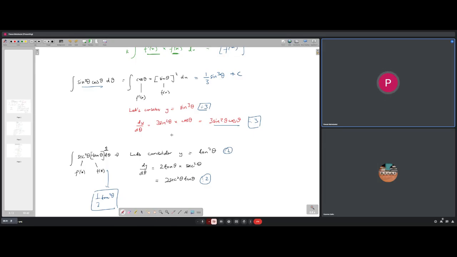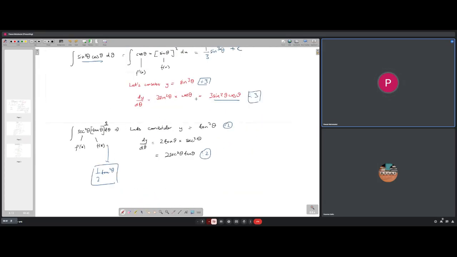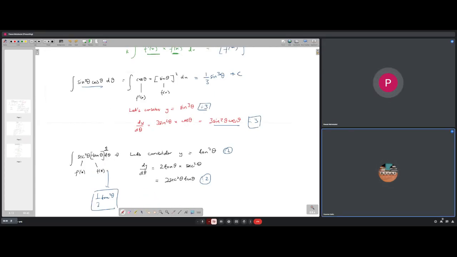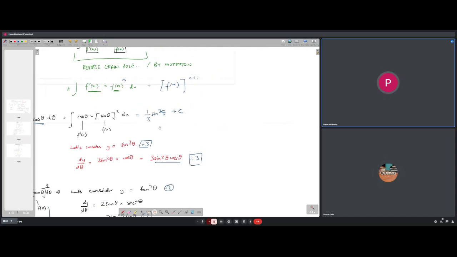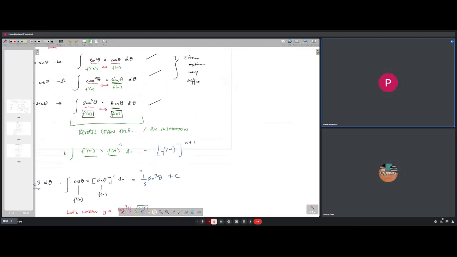They're not exactly equivalent, but depending on plus c, they can be equivalent. So it may feel a bit strange to get different trig functions, but I can safely say this is perfectly normal. Some integrals can be expressed in one form or another. Okay? But for the sake of simplicity, let's just stick with the third sine cubed theta.